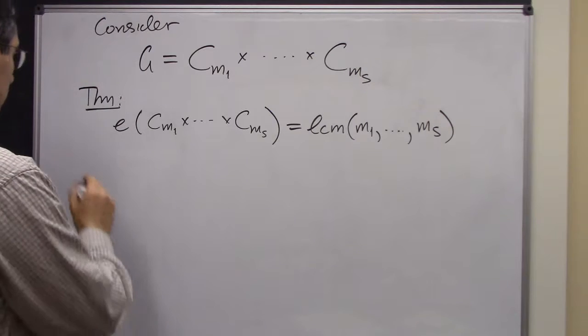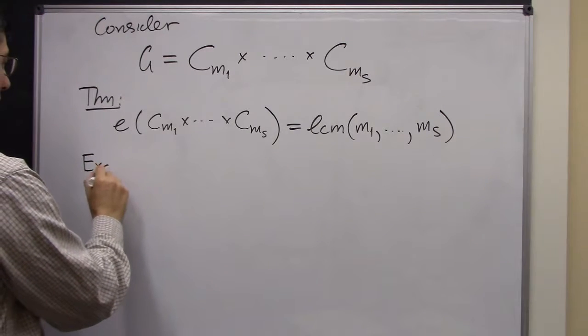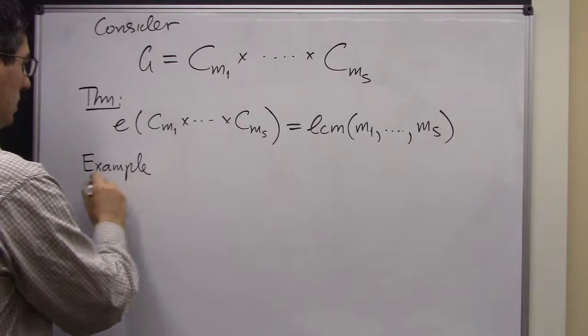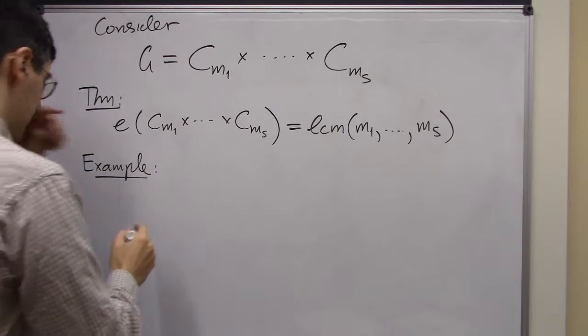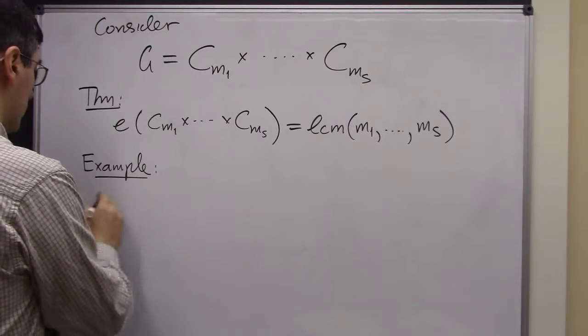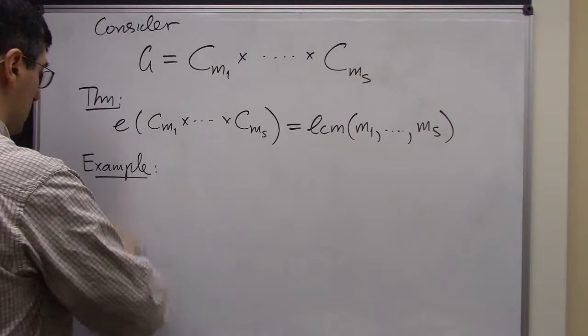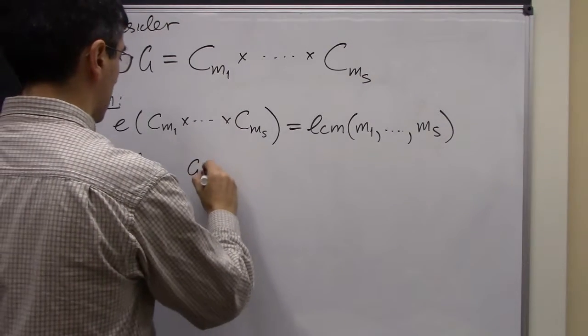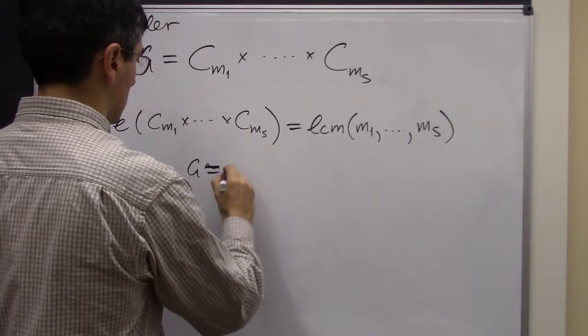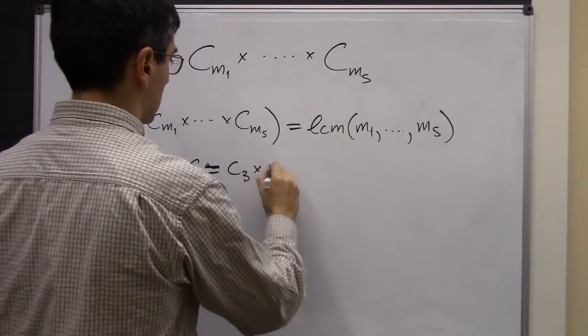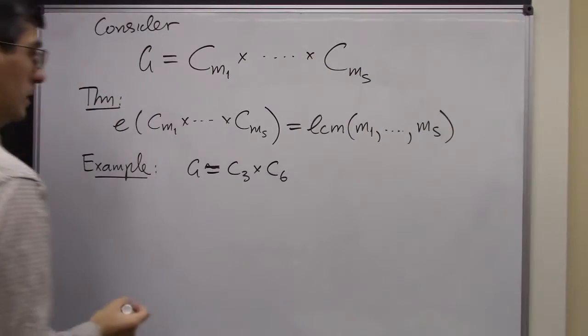Okay. So if we take an example, suppose I have this group G is C3 cross C6, right?